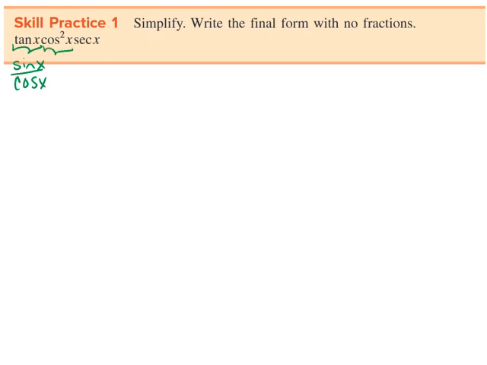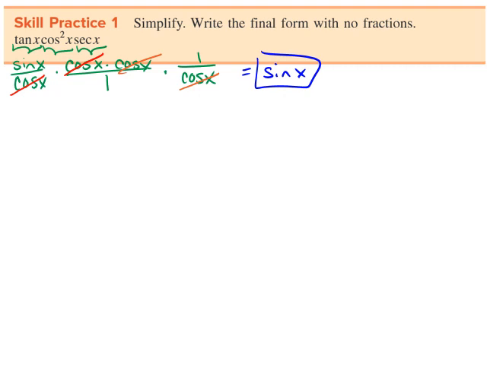Again, cosine squared, if you want to write it as cosine times cosine, you can, but you certainly don't have to. And then secant of x is 1 over cosine of x. So here you should be able to tell that cosine cancels, another cosine cancels, and we are just left with sine of x, and it is in the numerator, so we're done.